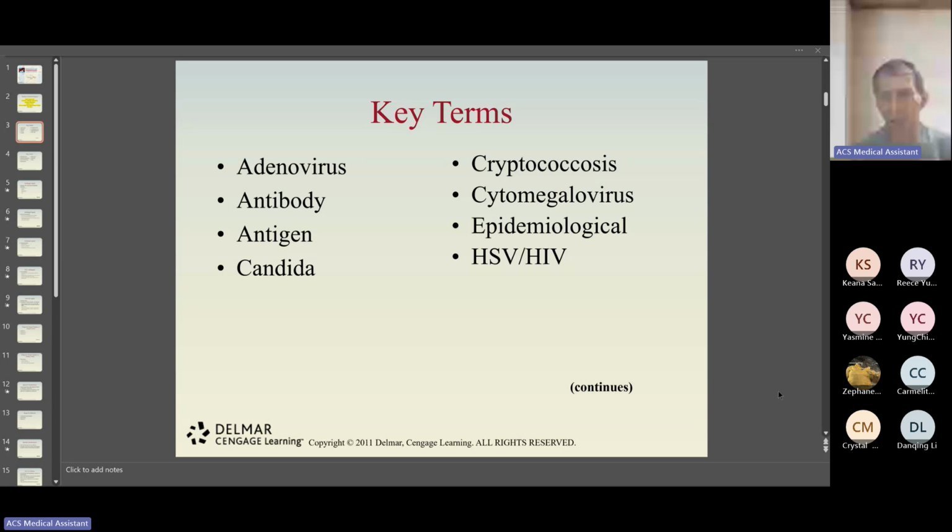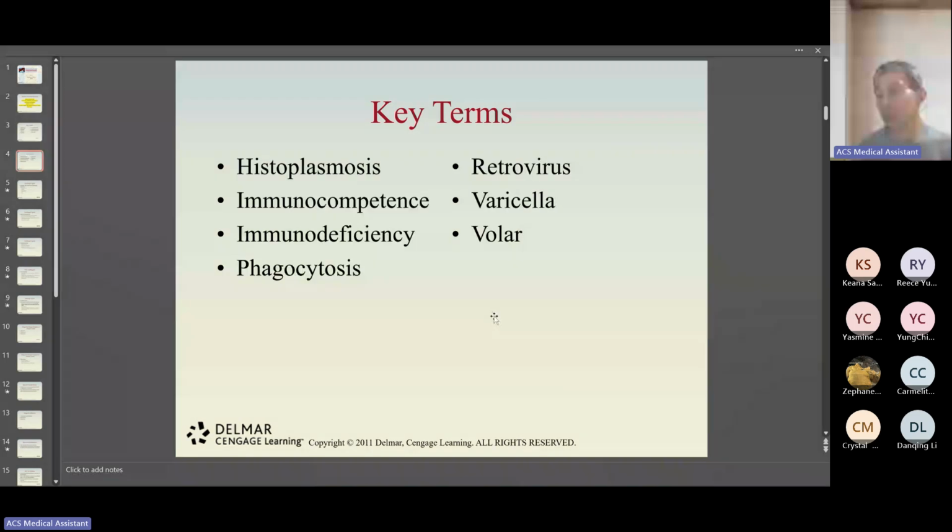Phagocytosis is how white blood cells work to eliminate organisms: phago means to eat, and osis means an abnormal condition of cells, particularly white blood cells eating microorganisms to protect us.